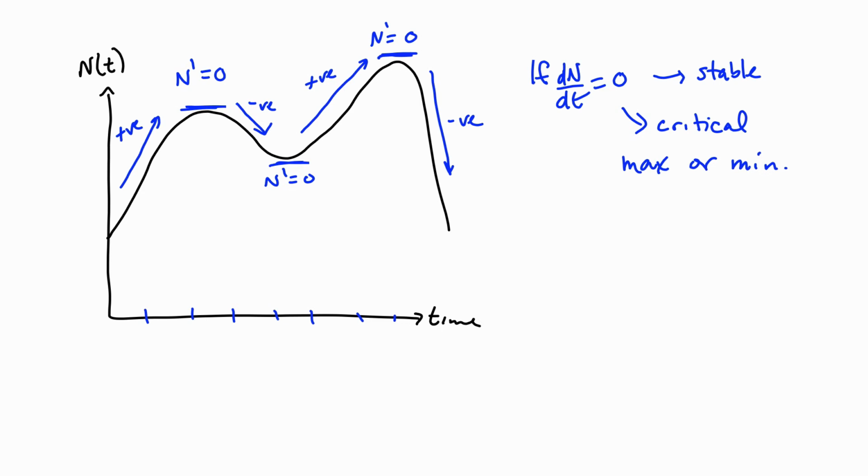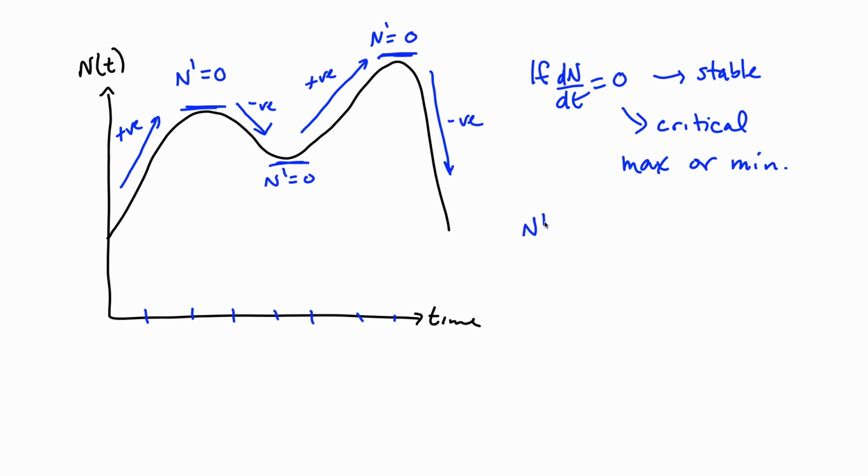If you want to know whether a critical point is a minimum or a maximum, there are several tests. I'm not going to prove them to you, but it helps to remember. If you're not sure if a point is a minimum or a maximum, you can take the derivative of your function again.